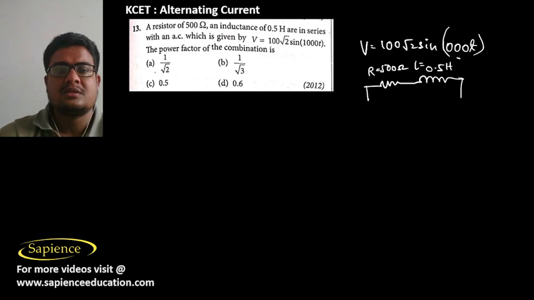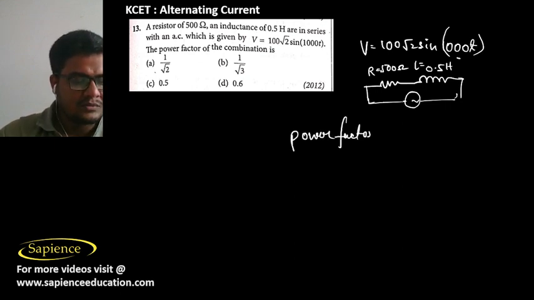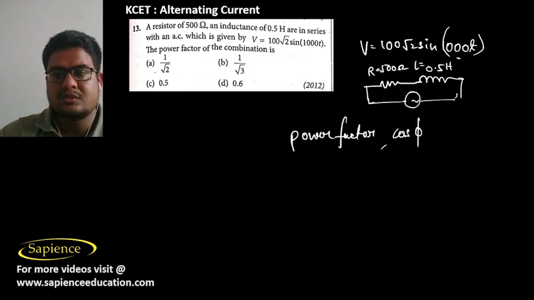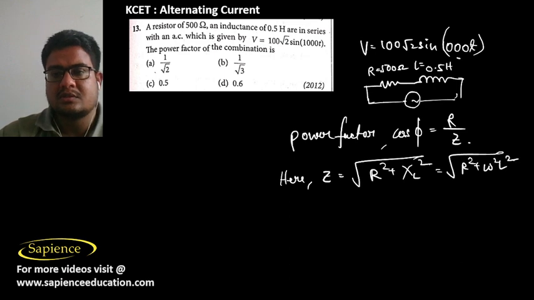The power factor of this combination, cos phi, is given as R by Z. So here Z is equal to the square root of R square plus XL square, equal to the square root of R square plus omega square L square.